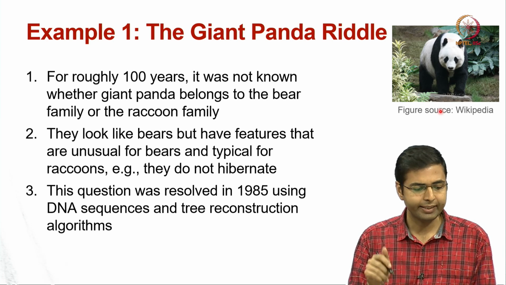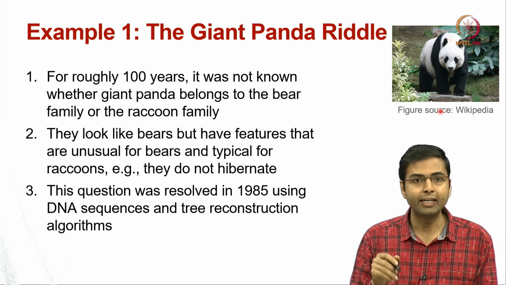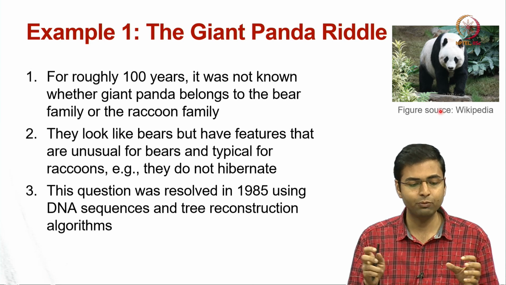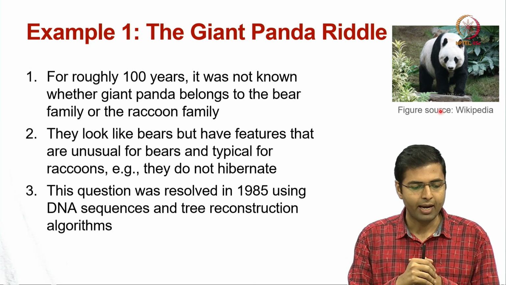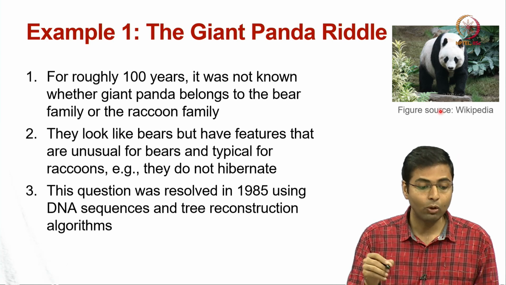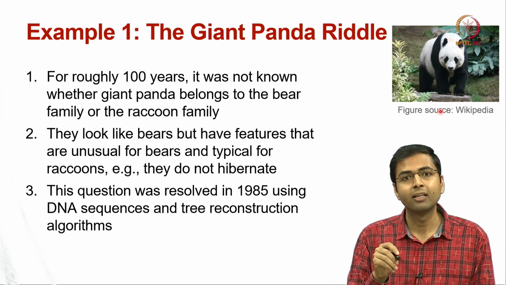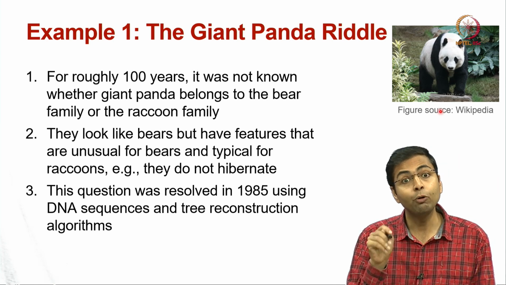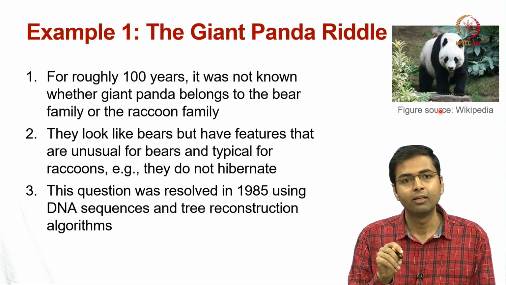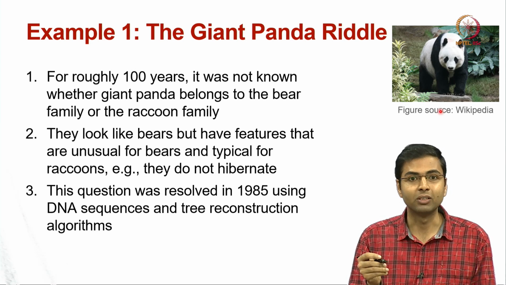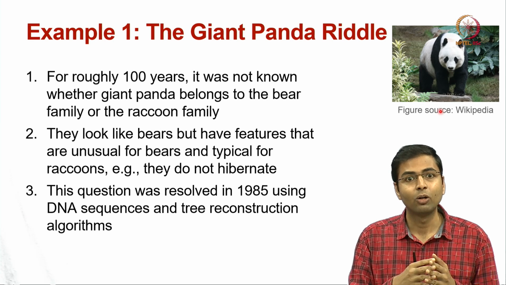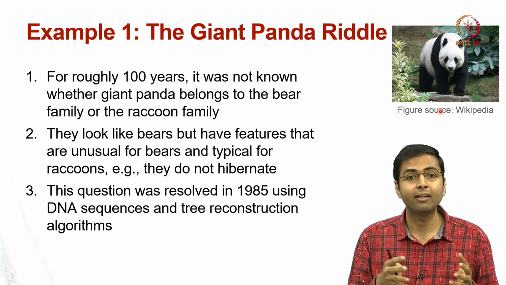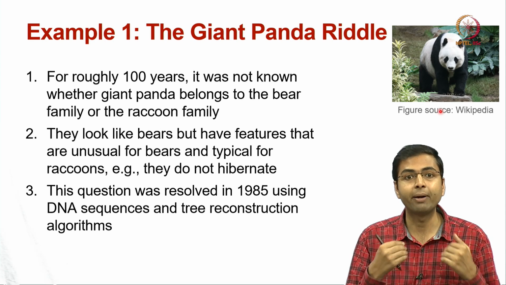Bears and raccoons are two different families which have different features, and giant pandas look like bears, but they carry features which are unusual for bears and typically found in raccoons. For example, giant pandas do not hibernate, whereas the bear family has a common feature of hibernation.